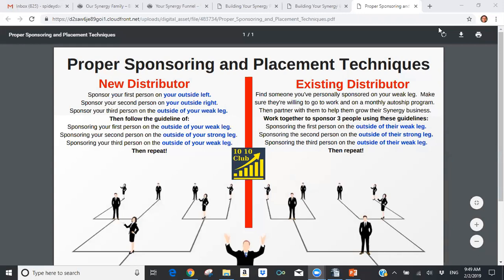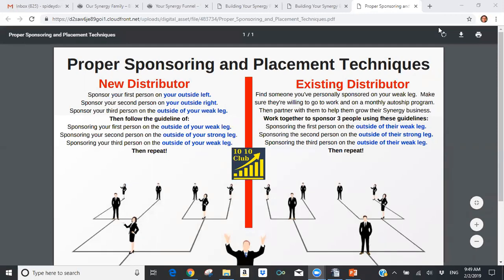Even though I don't mega match off of her, anything that I can do to help Judy grow her organizational volume strengthens my left leg and will be key to getting me to team manager and team director, as I help Judy get to team leader and team manager, and then eventually team director.